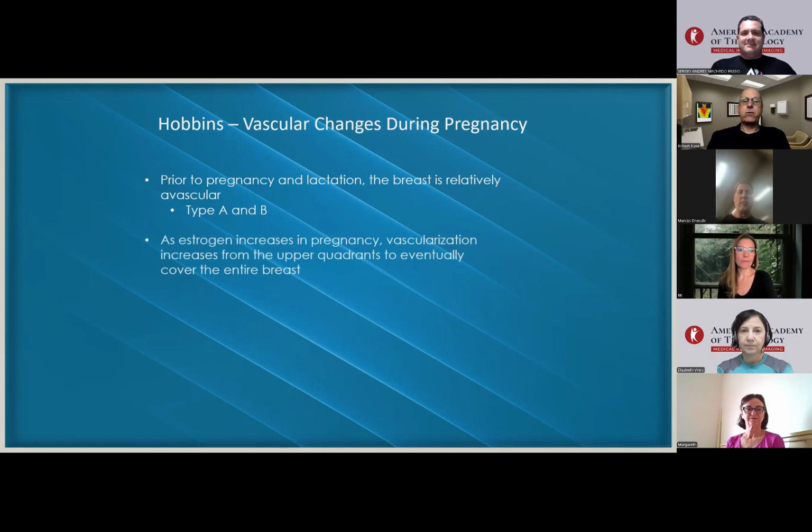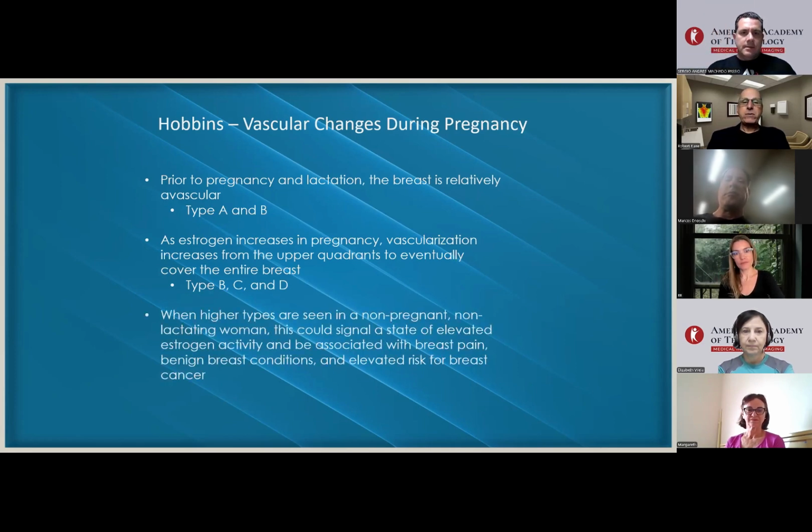As estrogen increased in pregnancy, the vascularization would increase from the upper quadrants to eventually cover the whole breast. And now we're looking at the type B, C, and D forms. When higher types, so B, C, and D, are seen in a non-pregnant, non-lactating woman, this could be a signal that the estrogen activity is higher and could be associated with some of the conditions that we noted before.